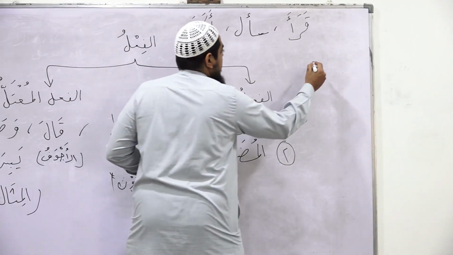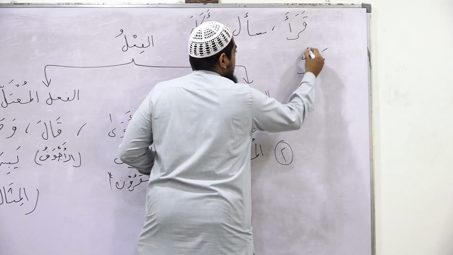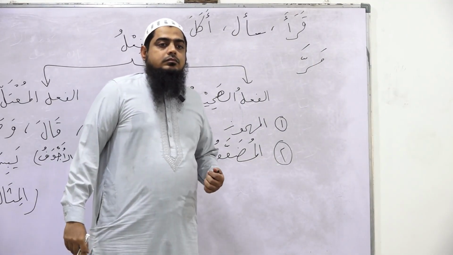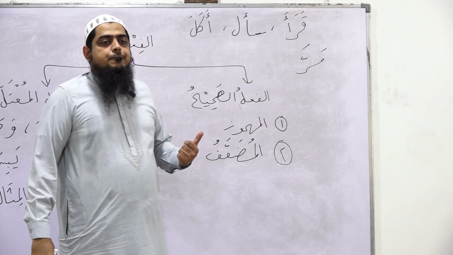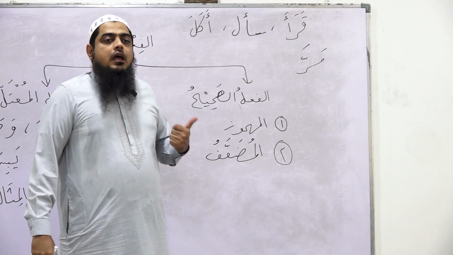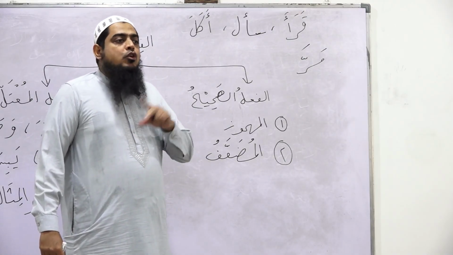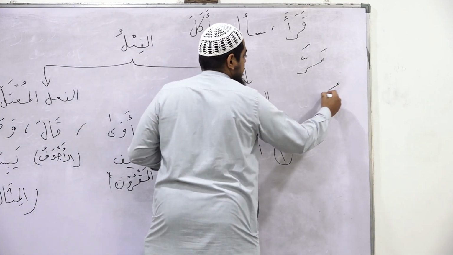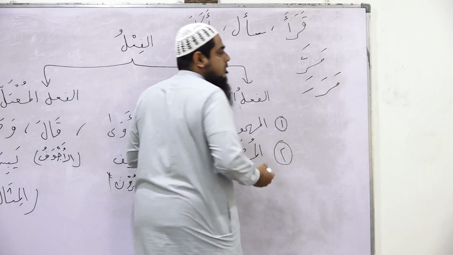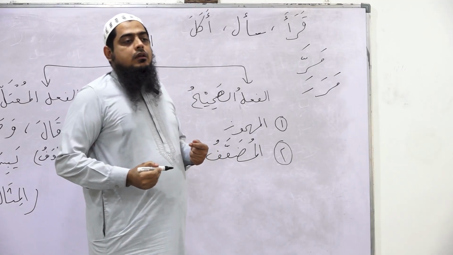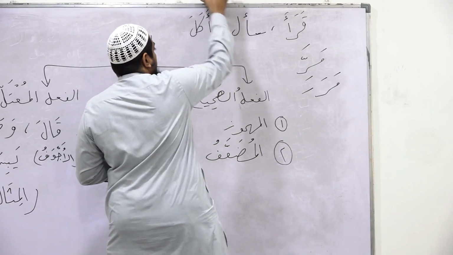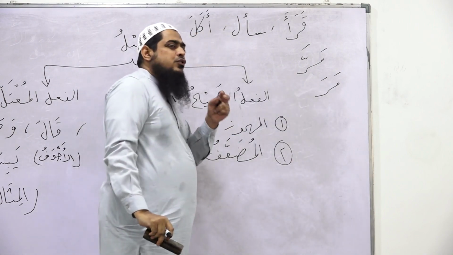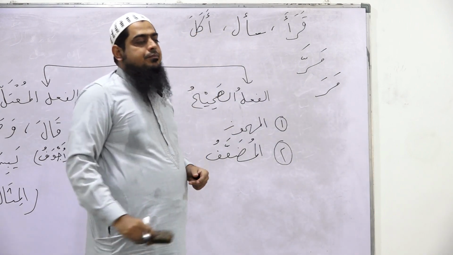Like marra. What is fa kalima? Ayn kalima, lam kalima, ayn ra, both of the same category. So instead of writing marara, they said, why do we waste our time? They said we will write once and pronounce it twice.